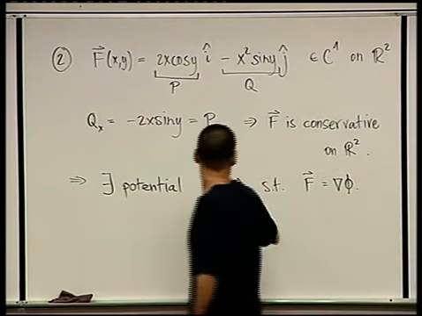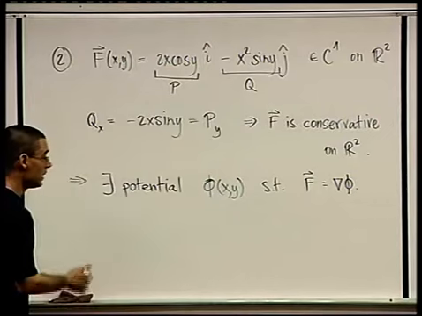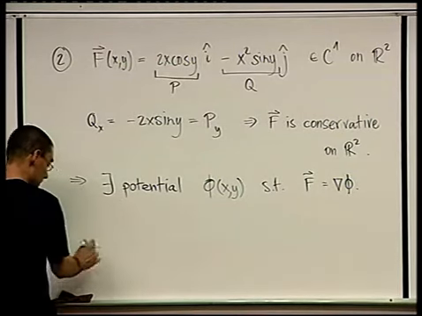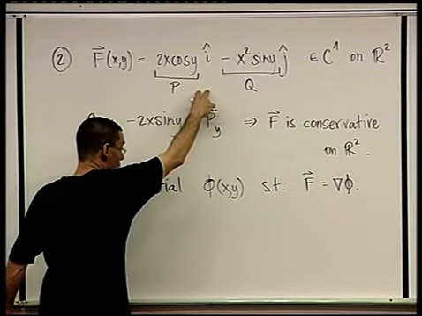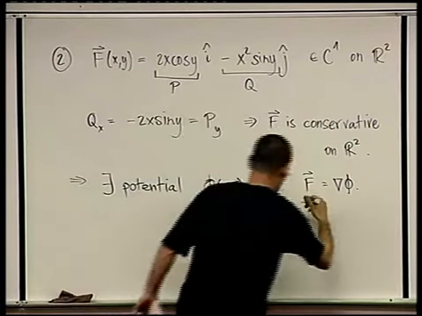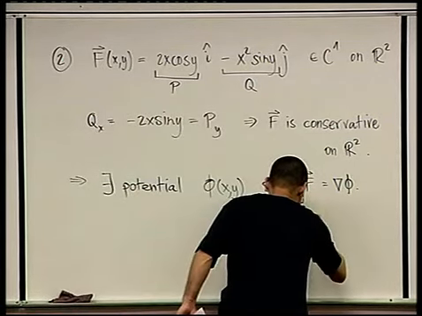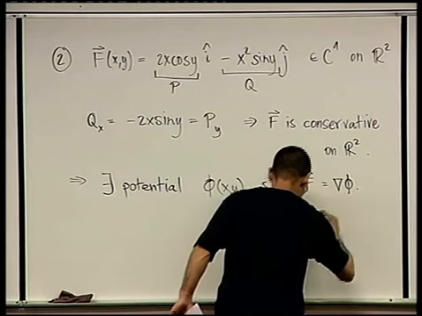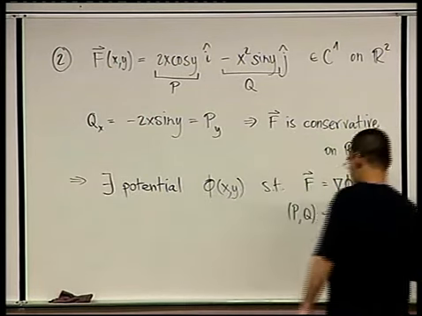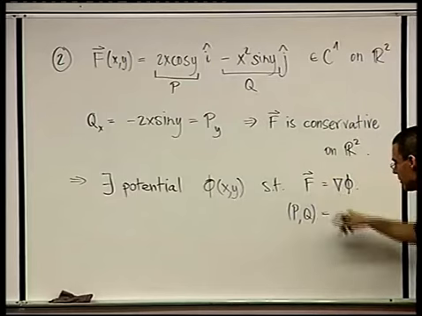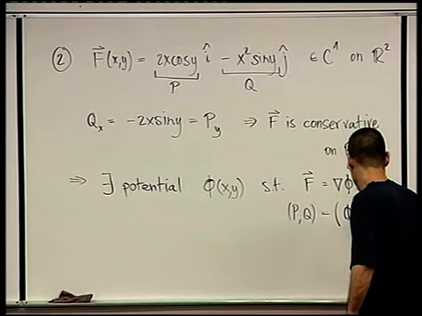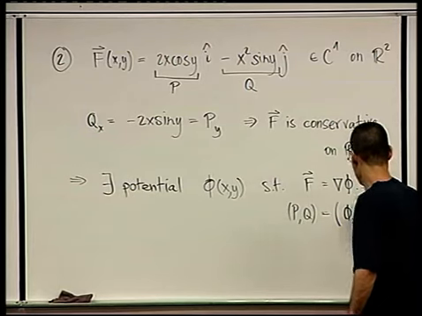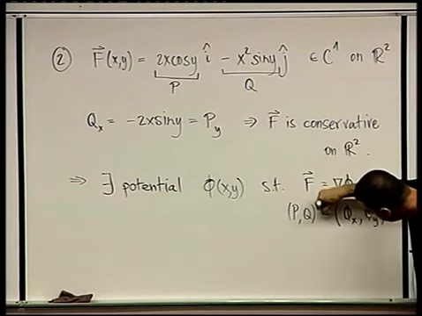What does it mean that f is the gradient of phi? Well, it means that, where's f? This is f. We know, let's write it here again. We only wrote it several times, but one more is never harmful. These are the components of f. These are the components of phi. And they're equal.